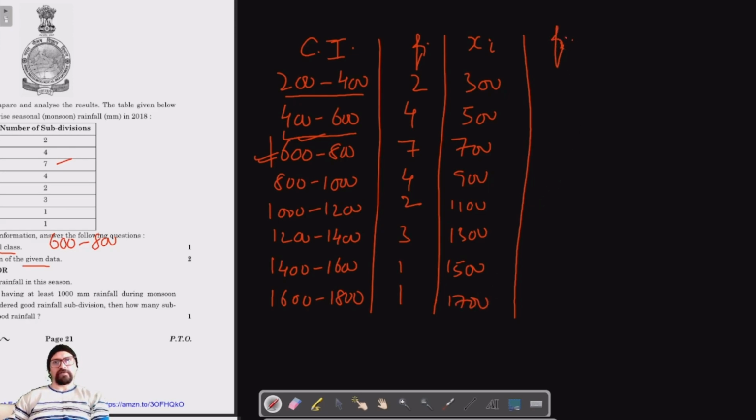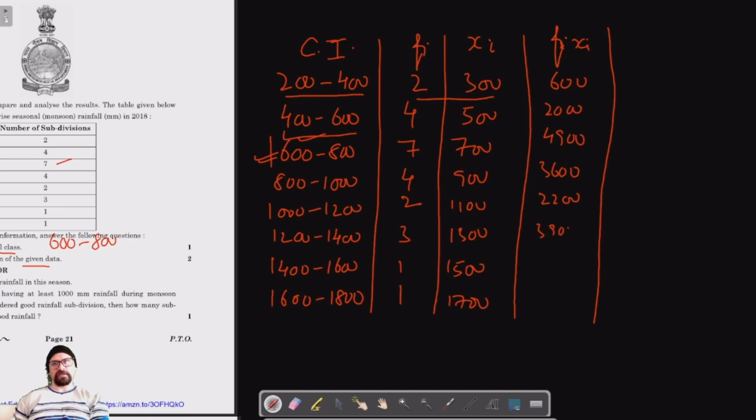And let's multiply the frequency with the class marks. So this gives me 600, 2,200, 4,900, 3,600, 2,200, 3,900, 1,500 and 1,700.